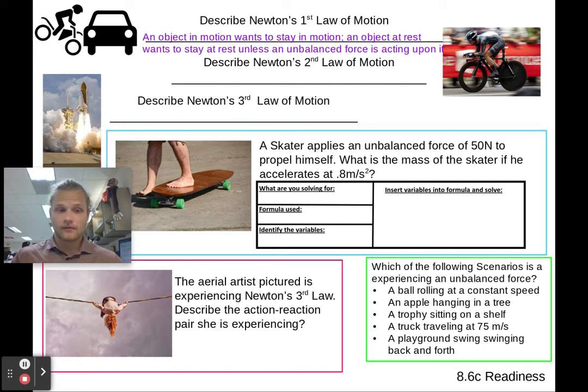So my pen, when I set it down and I don't act on it, is going to stay there because the forces are balanced. But if I act upon the pen and push it upwards, it is going to be in motion now. When I throw it, the pen will stay in motion until it is acted upon by another force, until it hits the ground and comes to a stop.